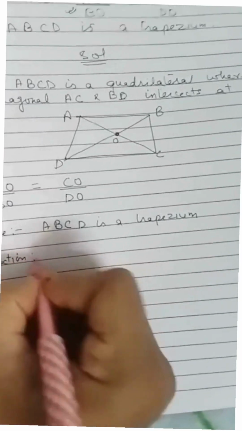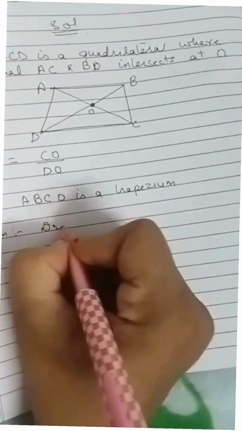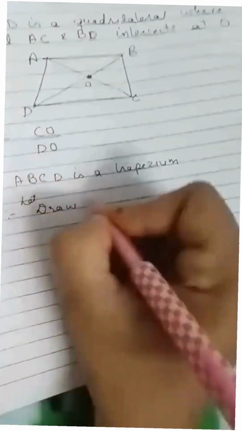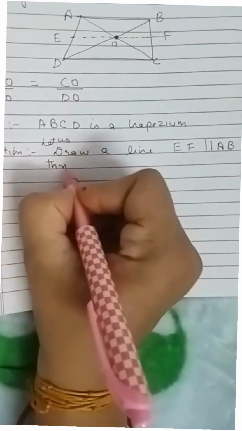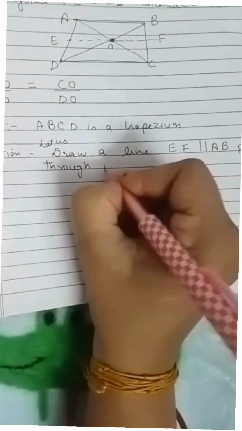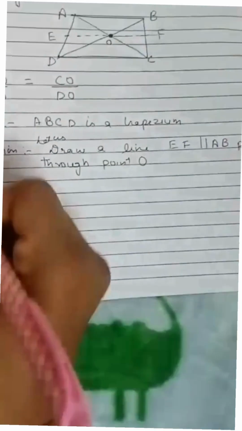So construction: let us draw a line EF, the same as we did in the previous question number 9, EF parallel to AB passing through point O.